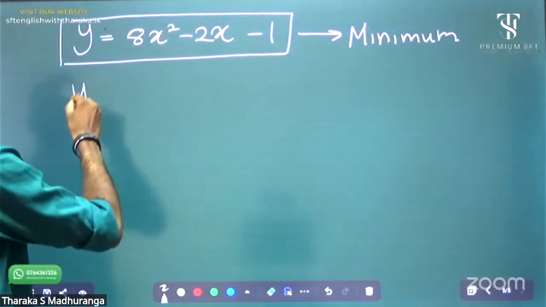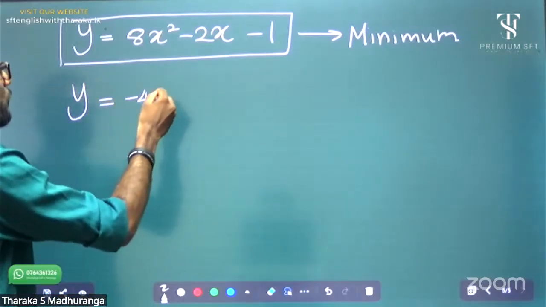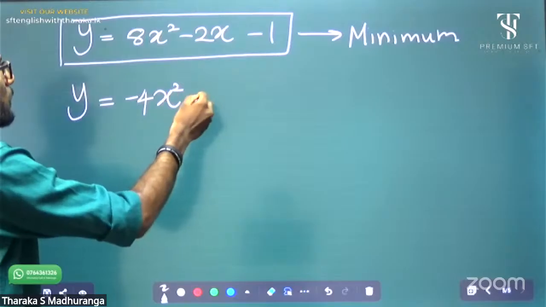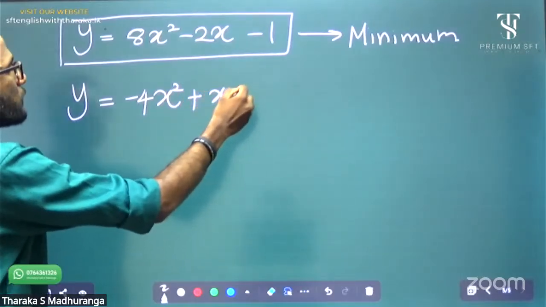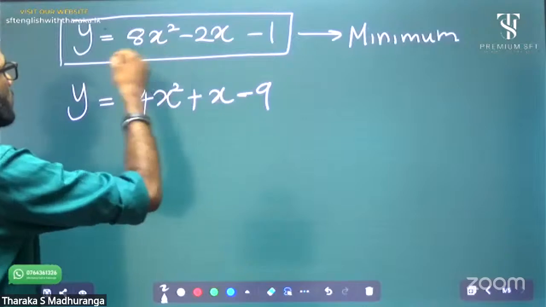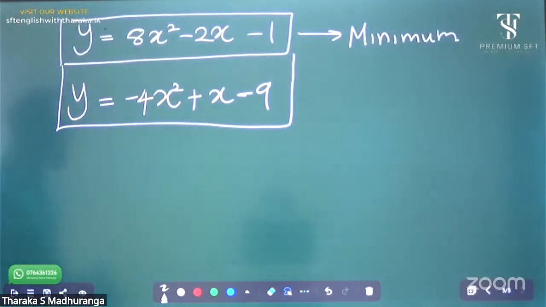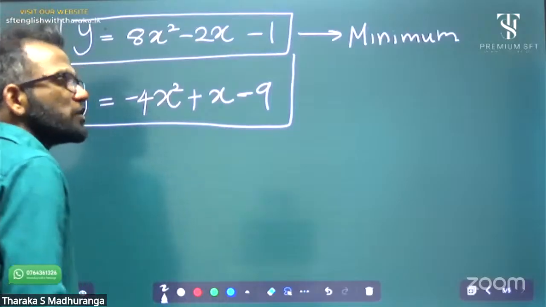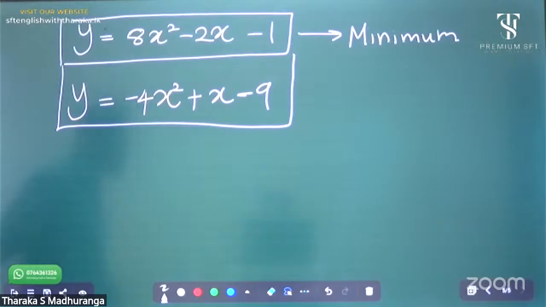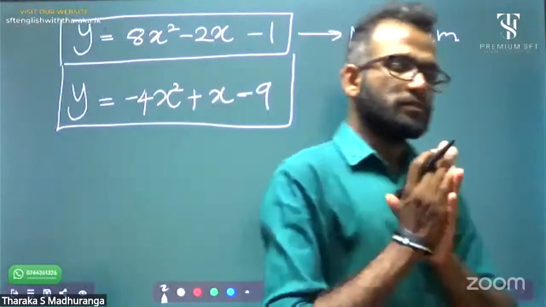Now this one: y equals minus 4x squared plus x minus 9. Okay, what do you think? What's the shape? Amina, how about the shape of the second one? Is it maximum or minimum?